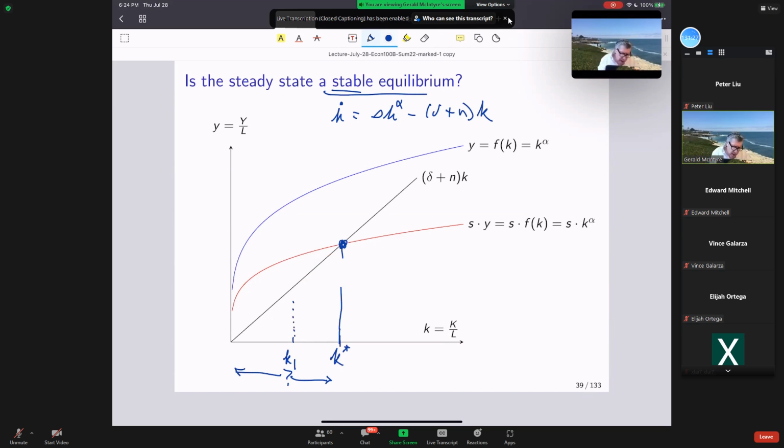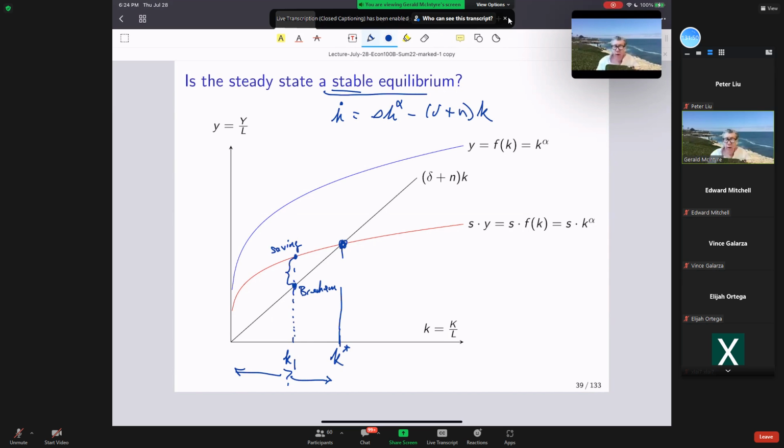At K1, if we get pushed down to small K1, the capital stock per worker is smaller than the steady state level. This is break-even investment. But here is saving. And here's the gap between the two.